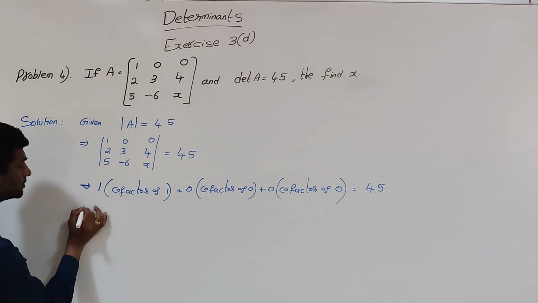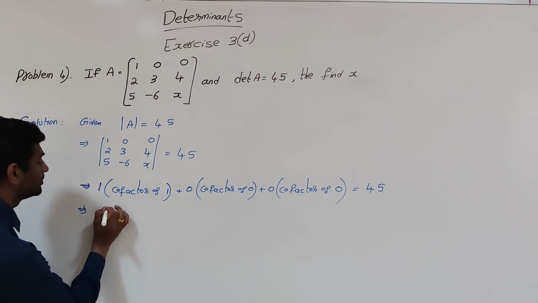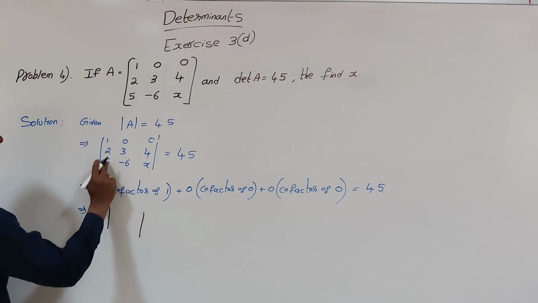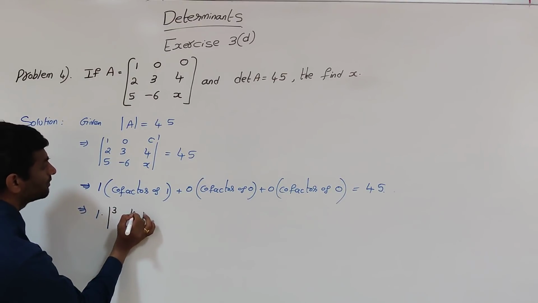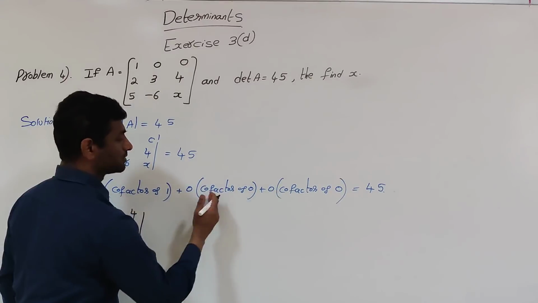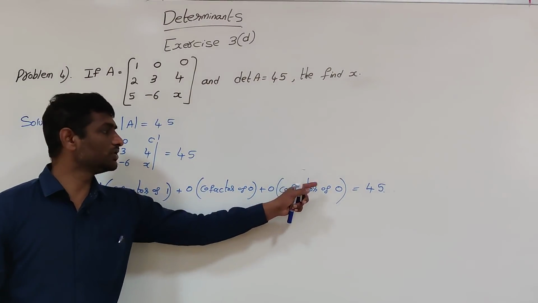Now 1 into cofactor of 1 is minus 1 to the power 1 plus 1 times the minor of 1, which is the determinant of a 2 by 2 matrix. After hiding the first row and first column, you are left with 3, 4, minus 6, x. I'm not considering the other values because 0 into something is 0.